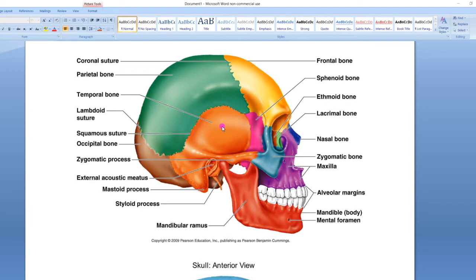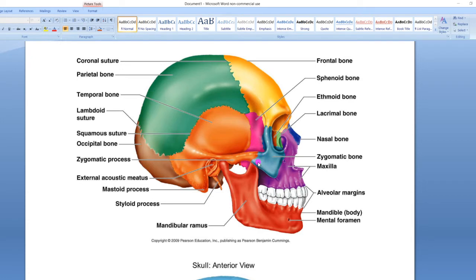If you recall when we learned the temporal bone, it had a process coming off of it called the zygomatic process. The zygomatic process attaches to the zygomatic bone. The zygomatic bone has a process that sticks out that attaches to the temporal bone. We call that area right here of the zygomatic bone the temporal process.